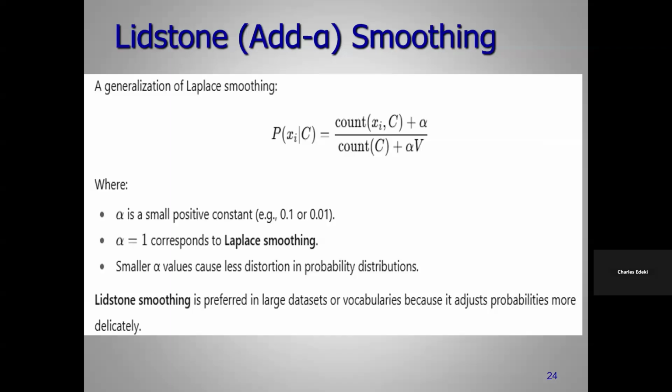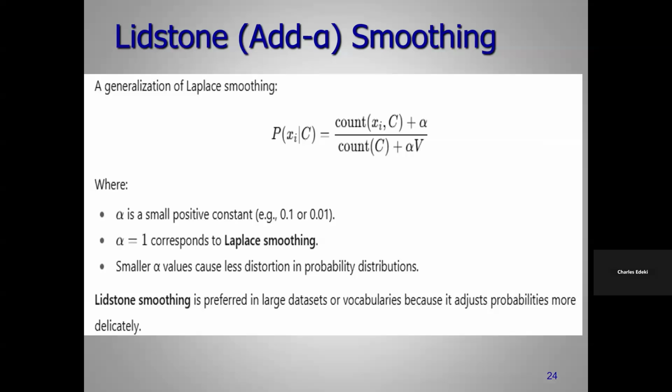By using a smaller alpha, say 0.1, we introduce less synthetic data. In general, it gives us a lever to control the strength of the probability also.